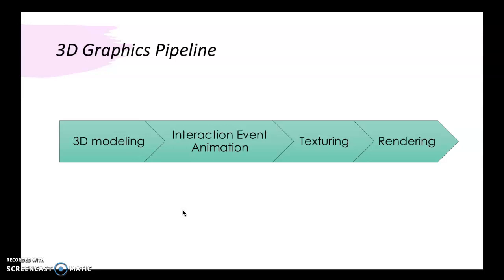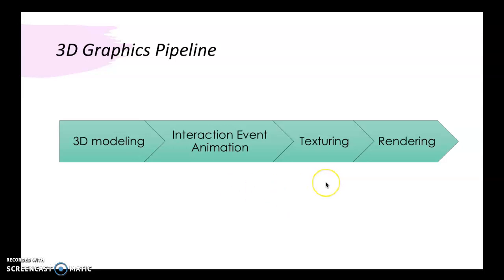So basically, first, the 3D modeler needs to create a 3D model. That's the first step. And then the 3D model will be given some sensors to be interactive, or animation is created with it, and then you have the scene.